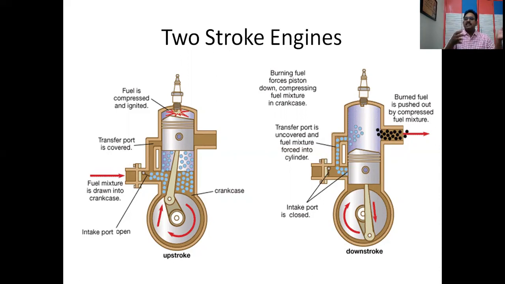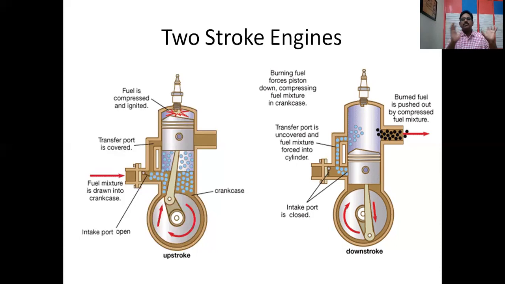In the petrol engine, as I said for the four-stroke engine, the air fuel mixture will come from the carburetor to the intake manifold, through the intake port, and spark plug will be provided and spark ignition will take place. In the diesel engine, only air will be sent inside the cylinder, inside the crankcase, and this will be compressed, and fuel will be sent inside the cylinder through the fuel injector in the form of a fine spray.